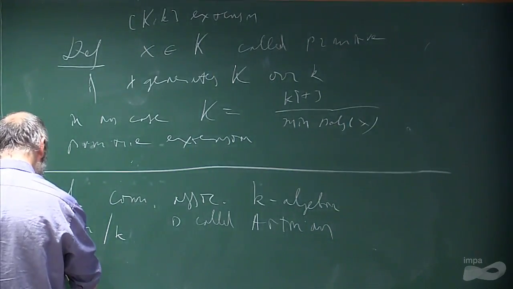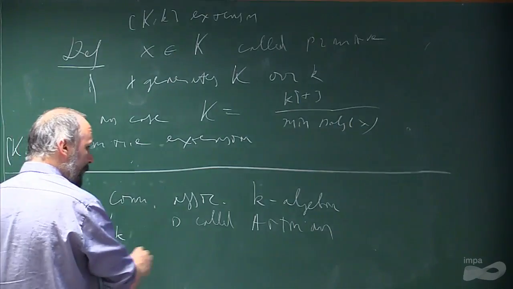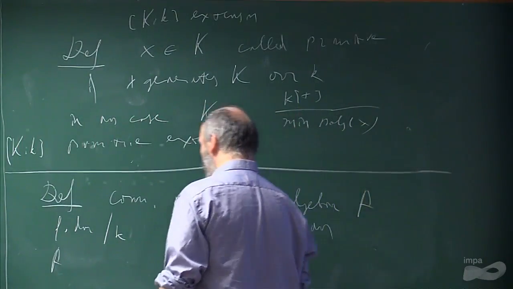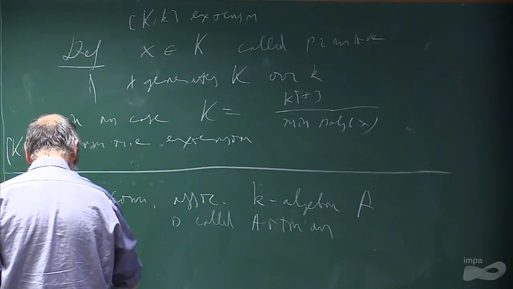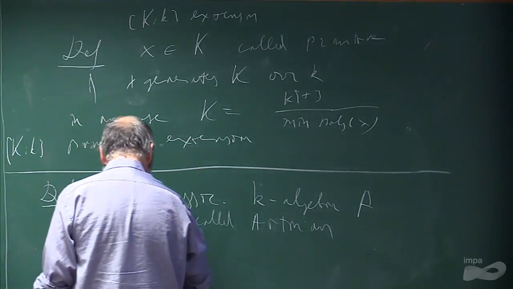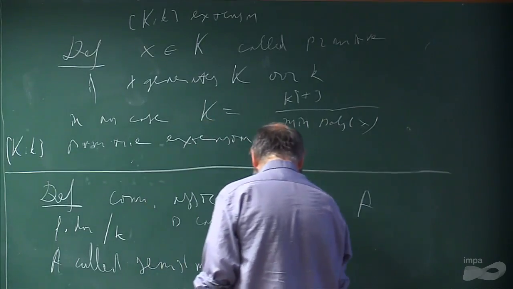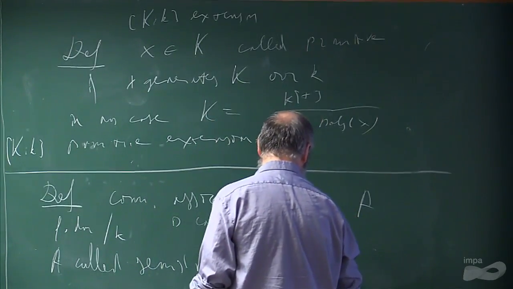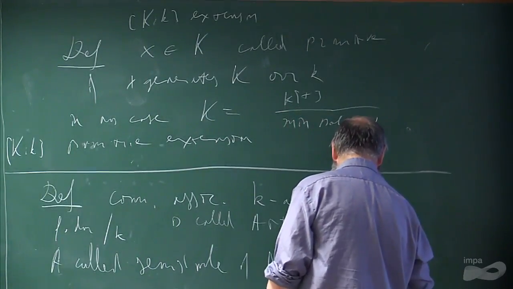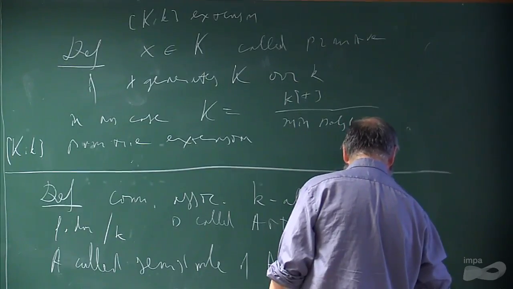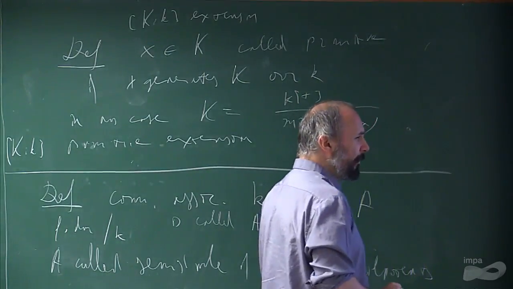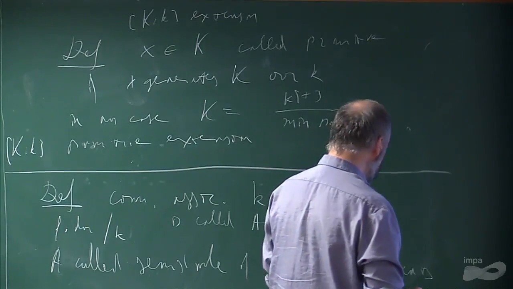So now it's called semi-simple. A is called semi-simple if A has no non-zero nilpotents.